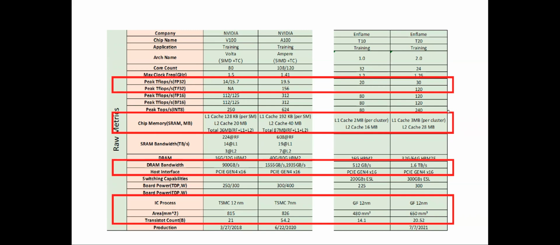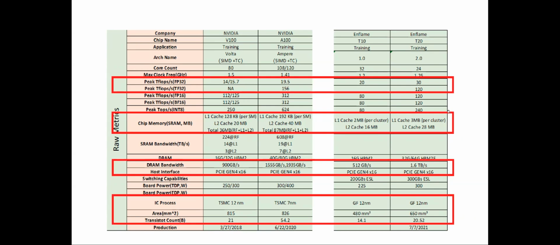These 2 generations of GPU provide very high peak performance in FP32, the floating point 32-bit IEEE standard, but they also provide extremely high throughput for mixed precision data types, including TF32 and BF16. In terms of chip memory, these architectures feature almost 20 megabytes to 40 megabytes of on-chip memory. And in terms of off-chip bandwidth, they are very high.